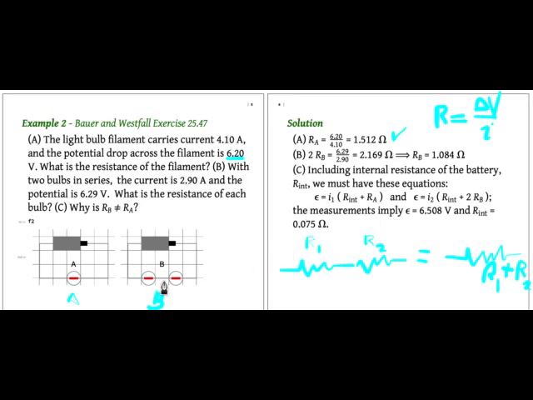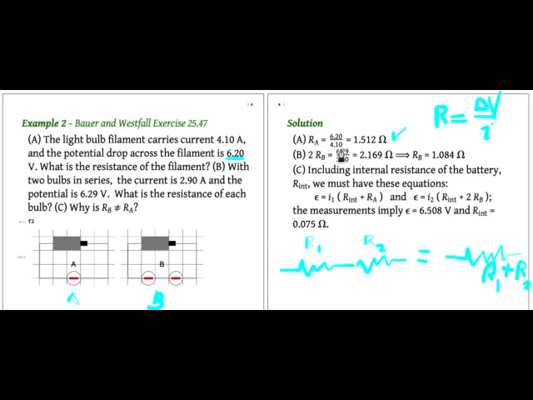Well, here we have two resistors. They're identical. So the combined resistance is 2 times the resistance of one bulb. So this is our bulb for part B. Total resistance here is 2 times that.